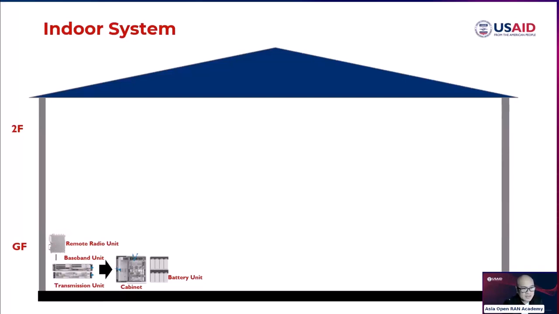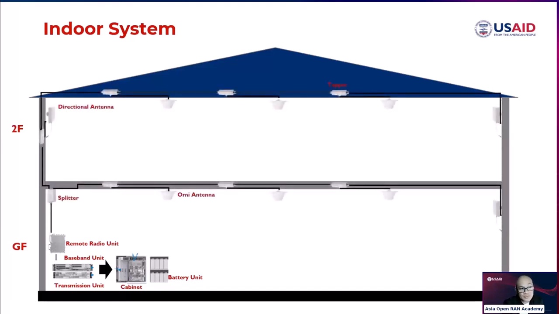And what is unique in the indoor system, like what you are seeing inside the malls, is that these are using a distributed antenna system, or DAS. When you say distributed antenna system, just imagine the electromagnetic energy is being distributed equally or almost equally in every part of the building.